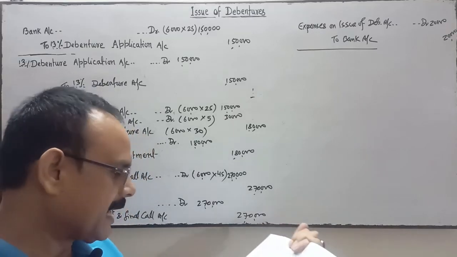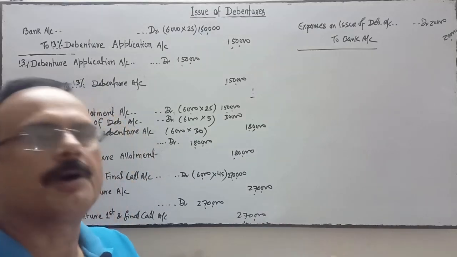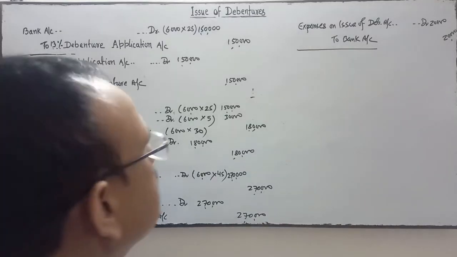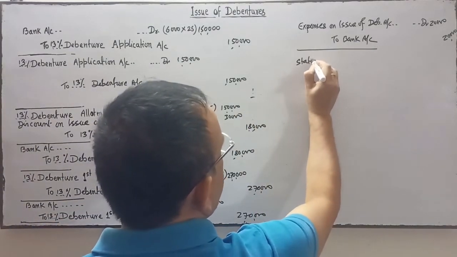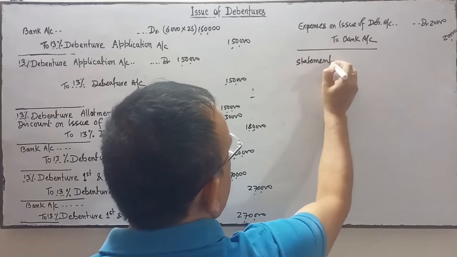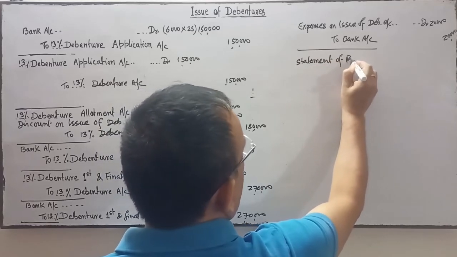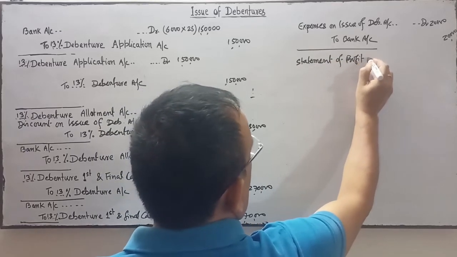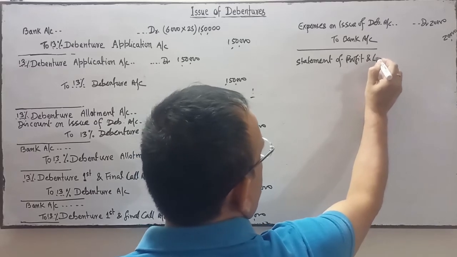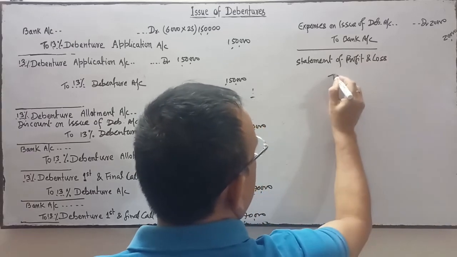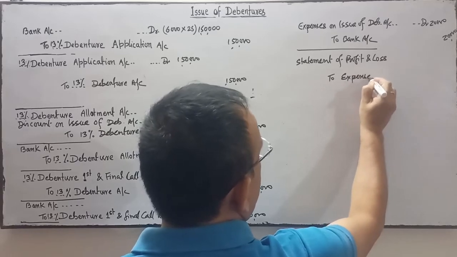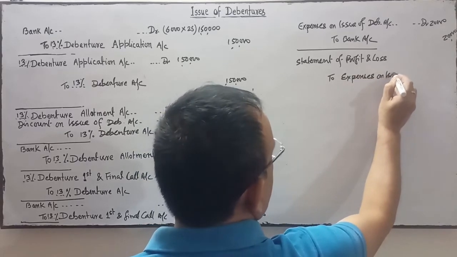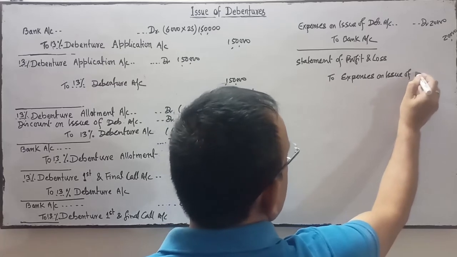Thereafter it is mentioned that the company decided to write off all capital losses in the first year itself. So when we are going to write off, statement of profit and loss debit to expenses on issue of debenture, we are going to write off.